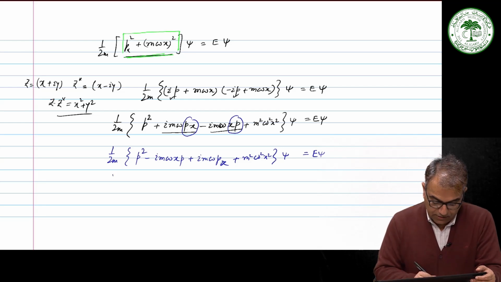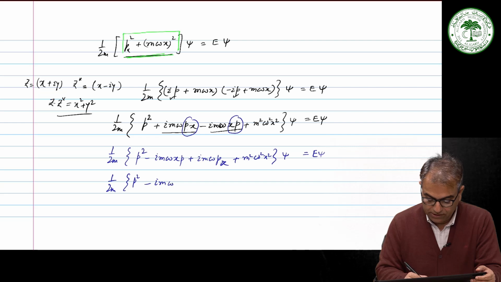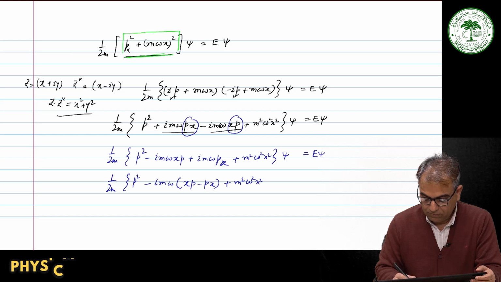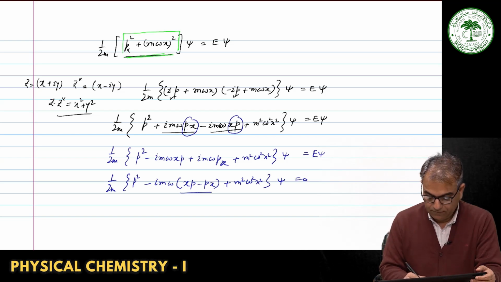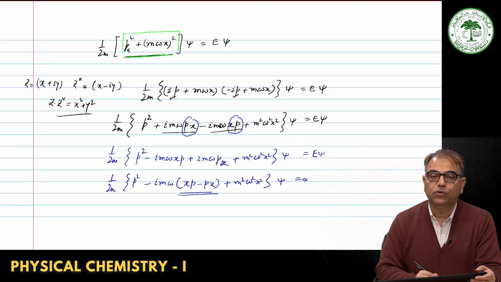Or we can write, if I take I m omega as common, then we can write x p minus p x, and what is this? This is the definition of a commutator.